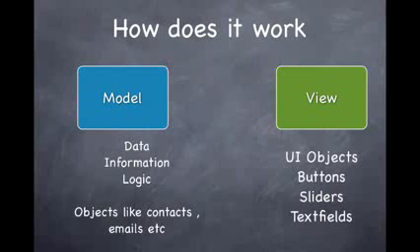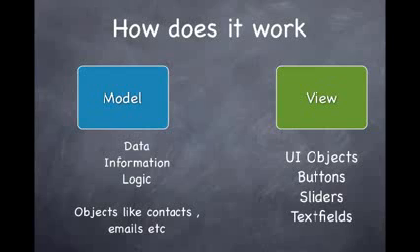This is what object-oriented languages are. And again, the model also does logic, so if you have a calculator, you do your calculations in an actual object, and this would go under the model.